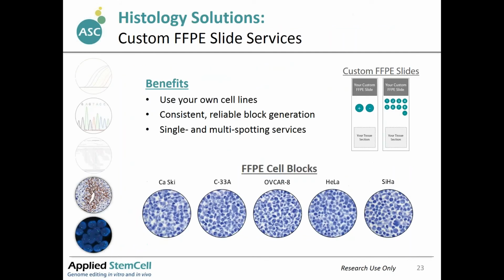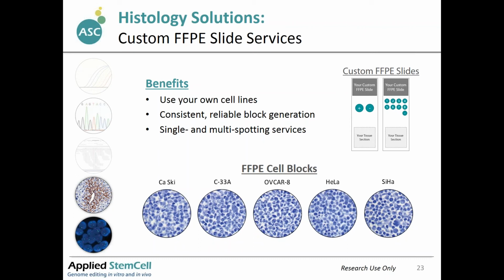In addition, we offer a number of custom FFPE slide services. The benefit of this is that you have the consistency and reliability of our block generation, but you can apply it to your own cell lines, which you've been using within your own lab for assay development. Using this, we offer both single and multi-spotting capabilities to meet your research needs.